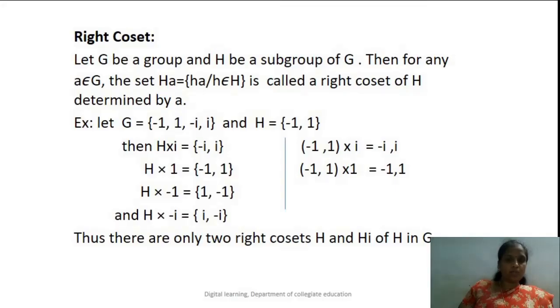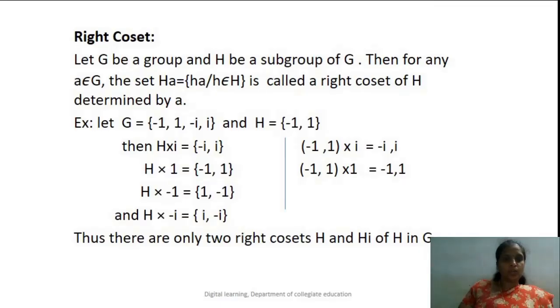You have to observe here: what is this coset telling? Cosets are disjoint sets, not joint sets. That means we got two disjoint sets here: {-1, 1} and {-i, i}.